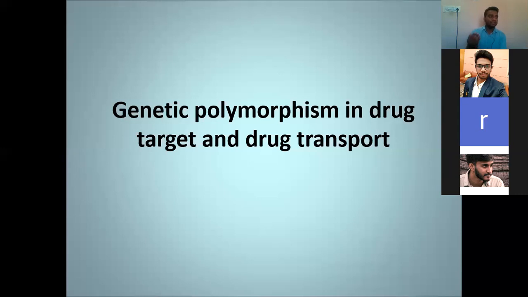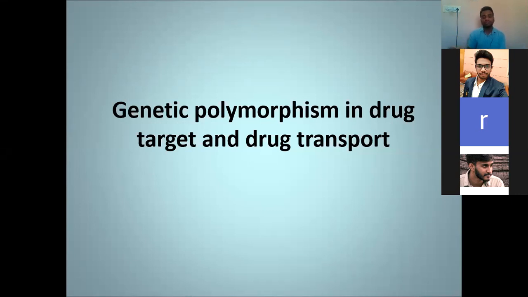That means either the drug level is increasing or decreasing, isn't it? Don't you get a sense of that? You can figure out that might be happening because of the transporter involved in it. So when I say drug transport, we are referring to drug transporters. Again, there are many kinds of drug transporters.